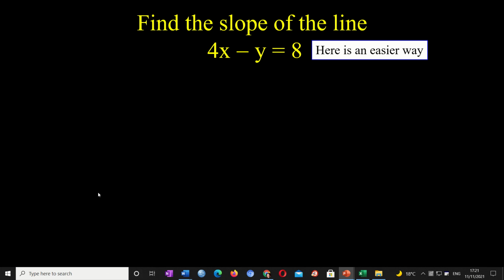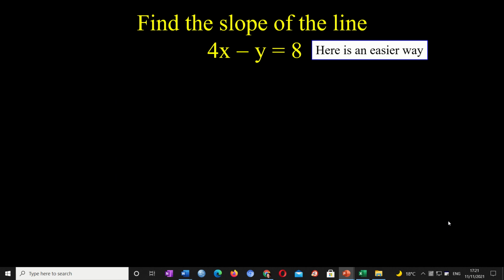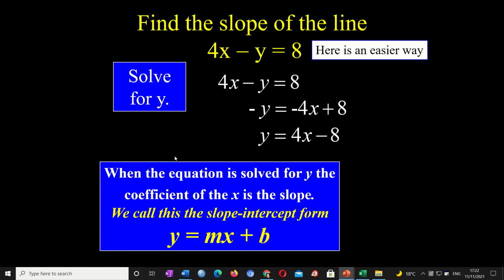Now here, an easier way, okay? What we do here, we find the x-intercept, we find the y-intercept. And the easier way is to solve for y. What is solve for y? Leave y alone, okay? Write it in this way. When you write it in this way, we have a formula. The equation is y equals mx plus b.